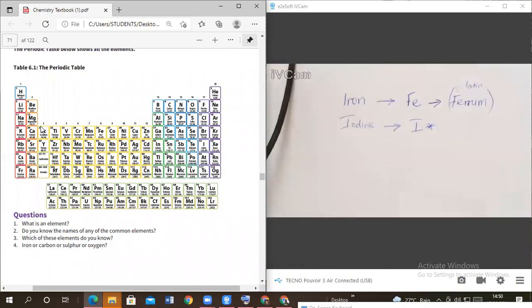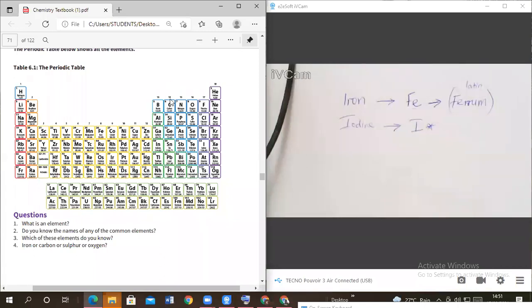So these ones in the middle, mostly they are called the transition metals. All these elements you see here, they are metals and non-metals. When you study this periodic table deeply, you will find out that groups 1, 2 and 3 are where metals stop.